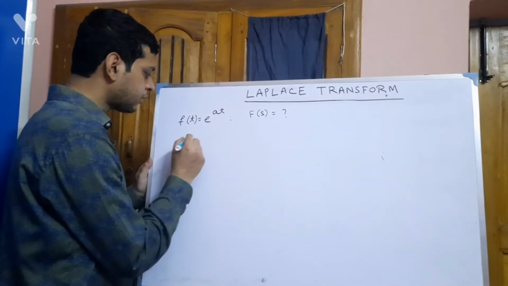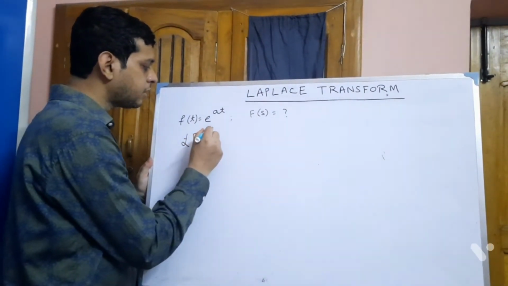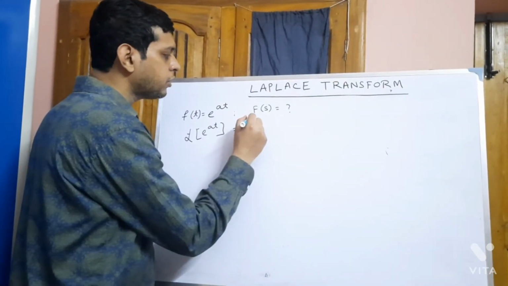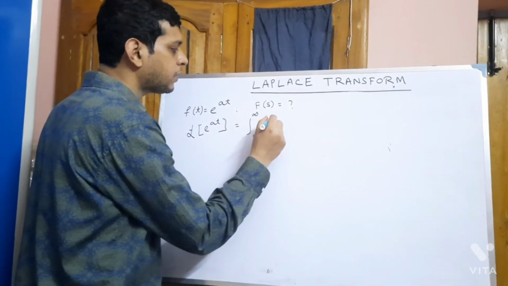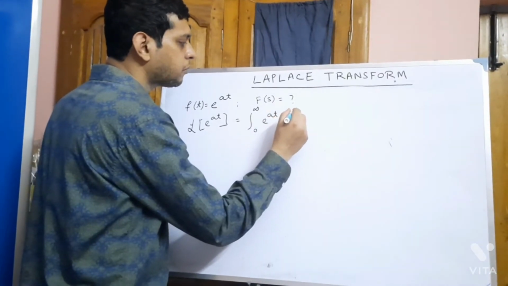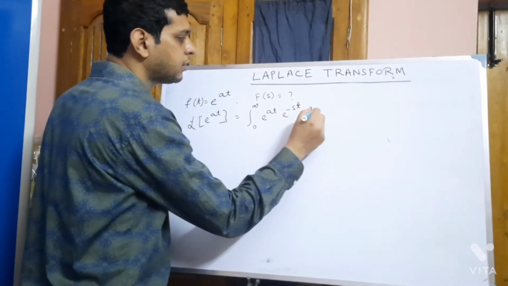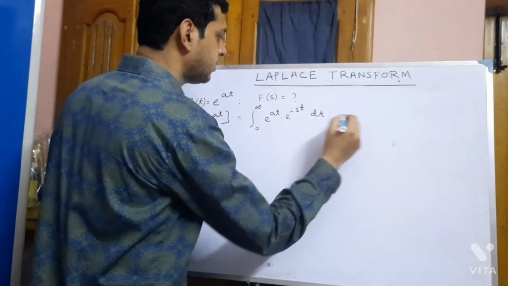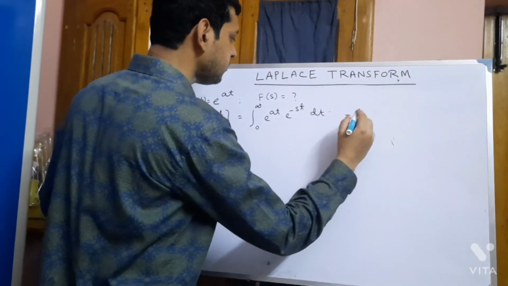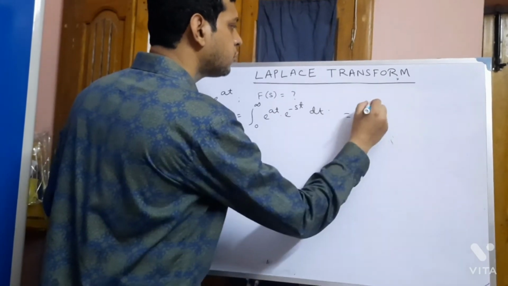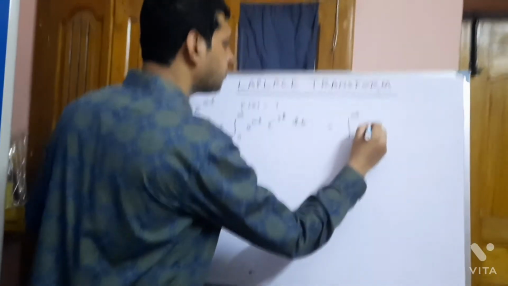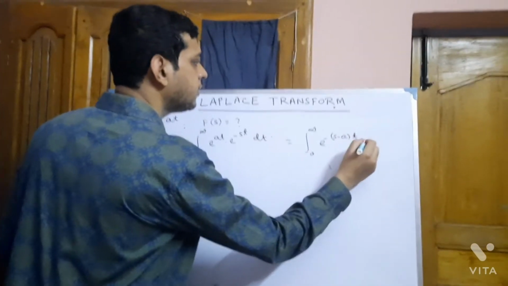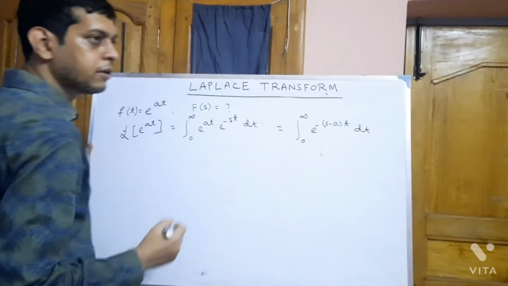So the Laplace transform of e to the power at is the integral from 0 to infinity of e to the power at times e to the power minus st dt, or this is the integral from 0 to infinity of e to the power minus (s minus a)t dt.